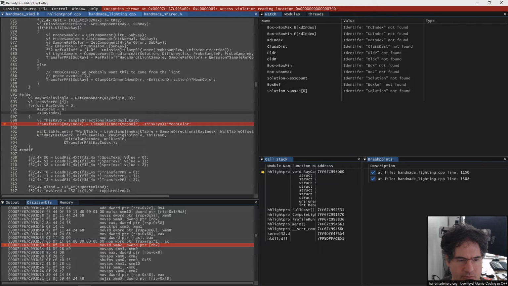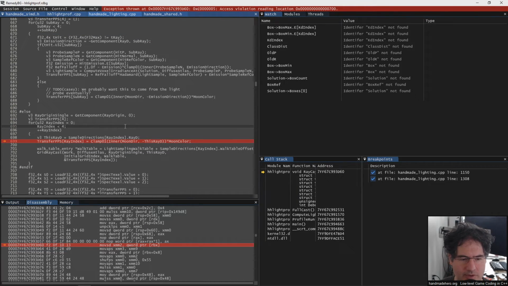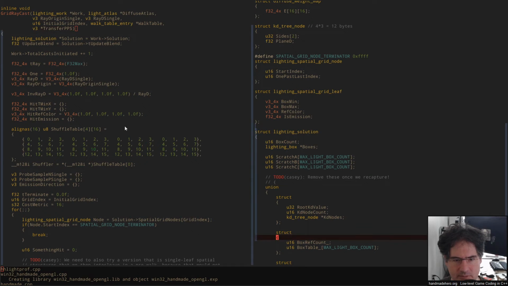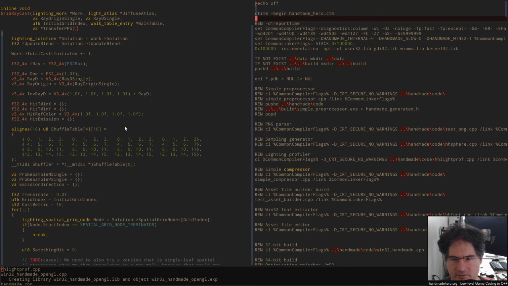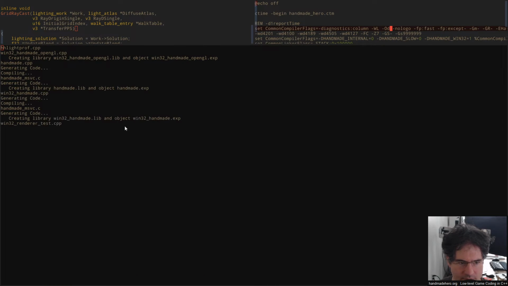I guess I'm not sure why it died there. Let me recompile in debug mode because it doesn't seem quite right. May just be a misreporting though.